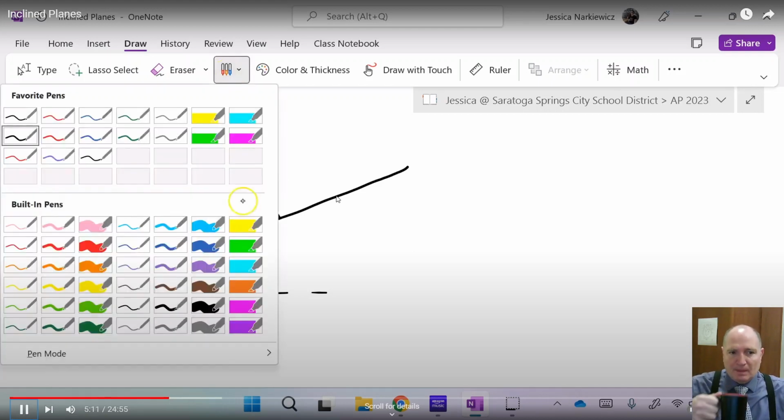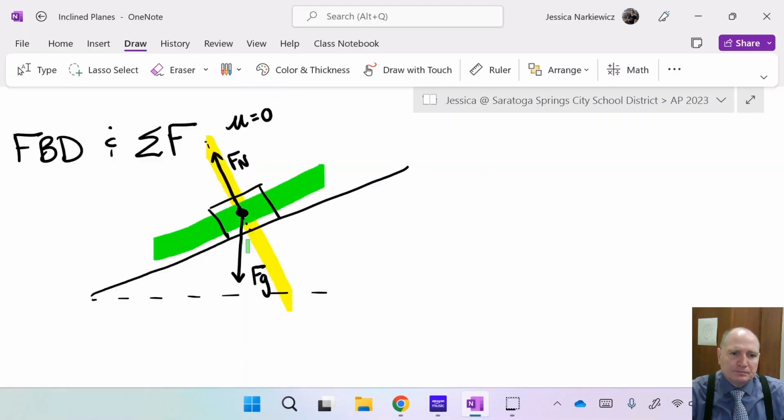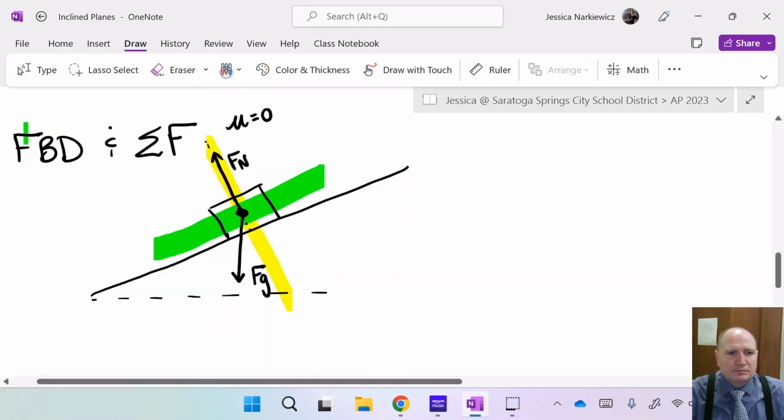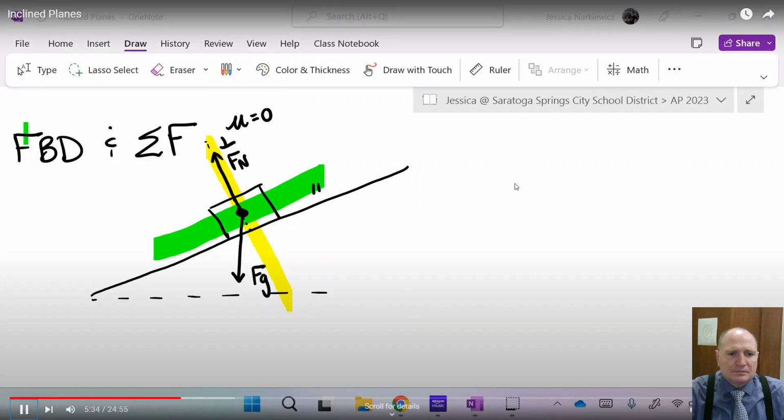So if I think about that coordinate system that we just talked about, we have perpendicular to the incline, which is that yellow highlighted line. Cool. And then parallel to the incline, which is that green highlighted line. Awesome. Oops, having some issues getting the pen I want. So again, that's perpendicular, that's parallel. So it looks like the normal force is nice and in our perpendicular direction.